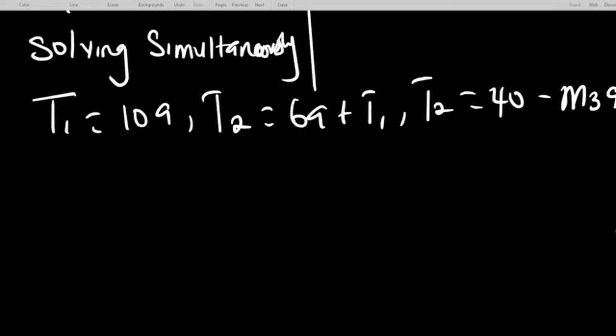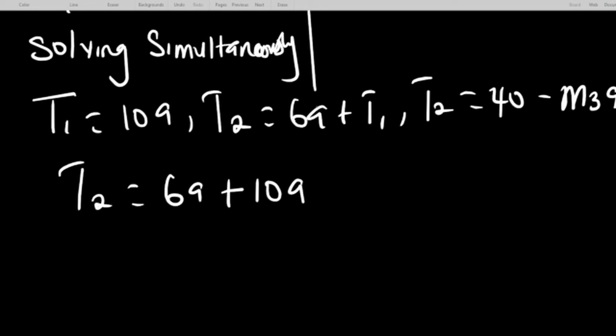Okay, I'm going to substitute the value of T1 into equation 2. So this now becomes T2 is equal to 6A plus 10A, since T1 is equal to 10A.